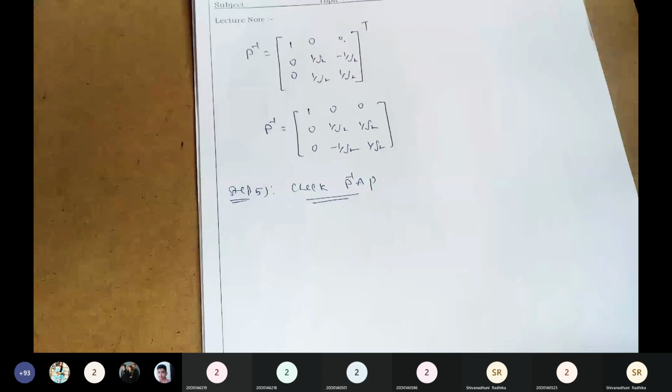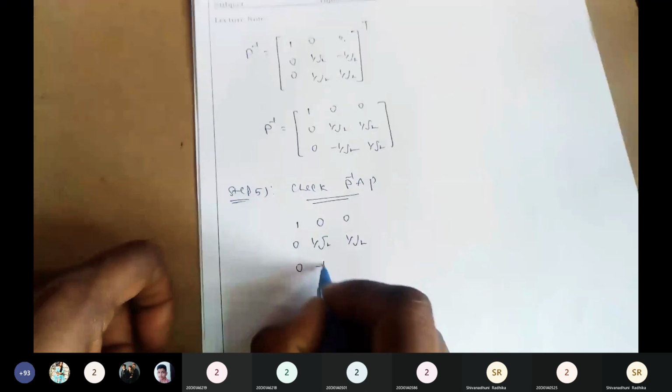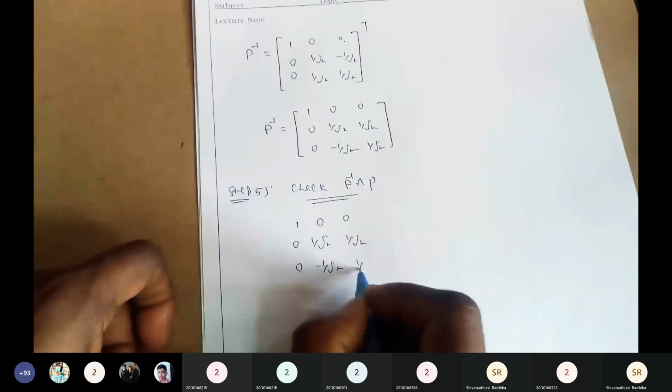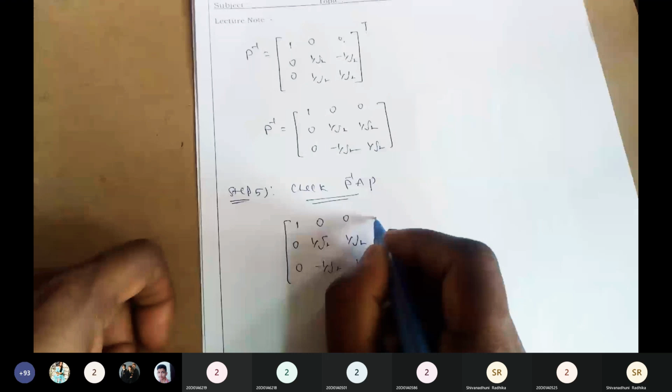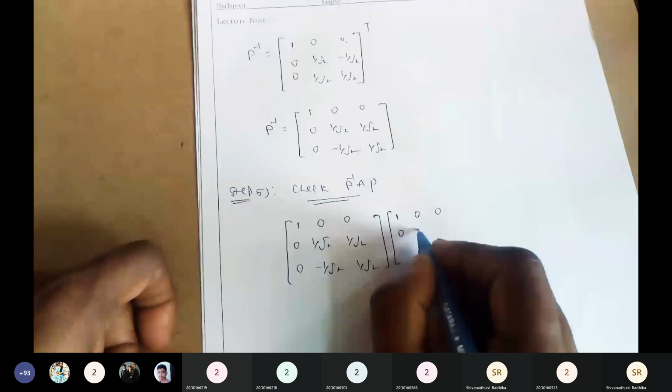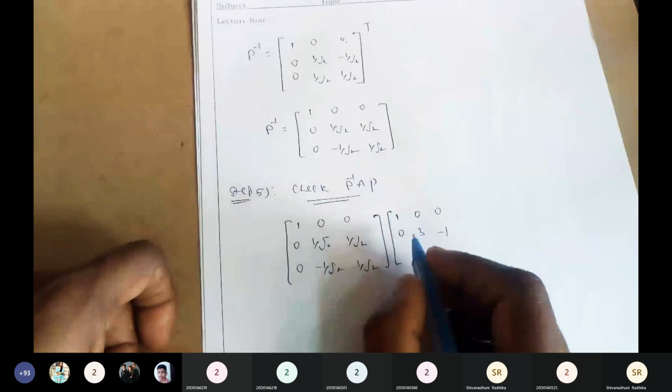Now, substitute here P inverse: 1, 0, 0, 0, 1 by root 2, 1 by root 2, 0, minus 1 by root 2, 1 by root 2. And capital A is the symmetric matrix. The given matrix, I'm going to substitute here: 1, 0, 0, 0, 3, minus 1, and 0, minus 1, 3. Okay, now into capital P.